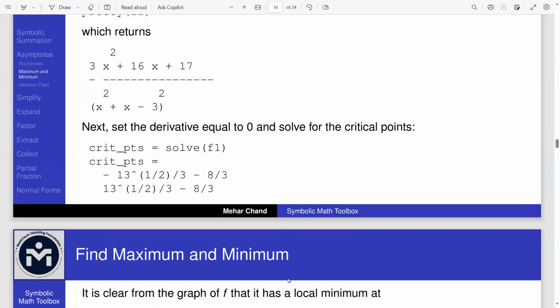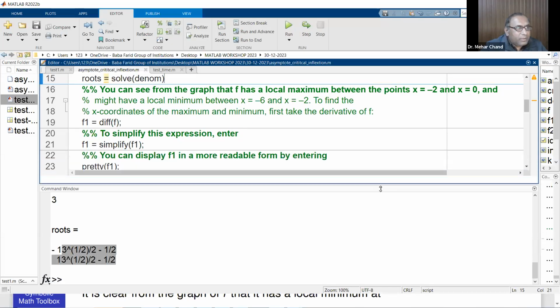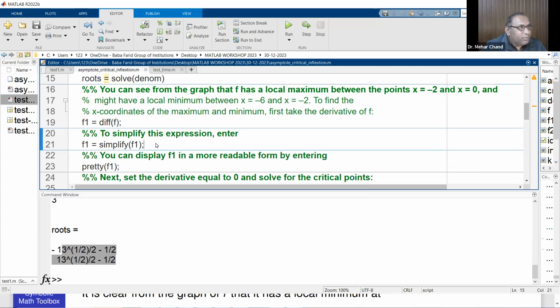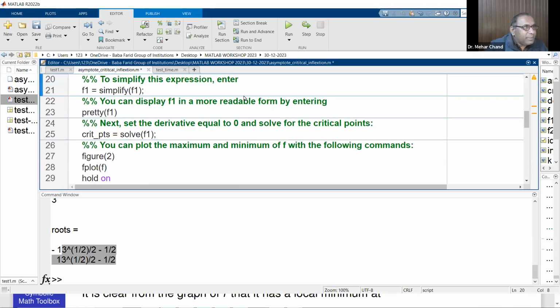Okay, come to MATLAB. Here you can remove this semicolon, and remove the semicolon at this place also. Here is pretty f1. We will run it step by step.